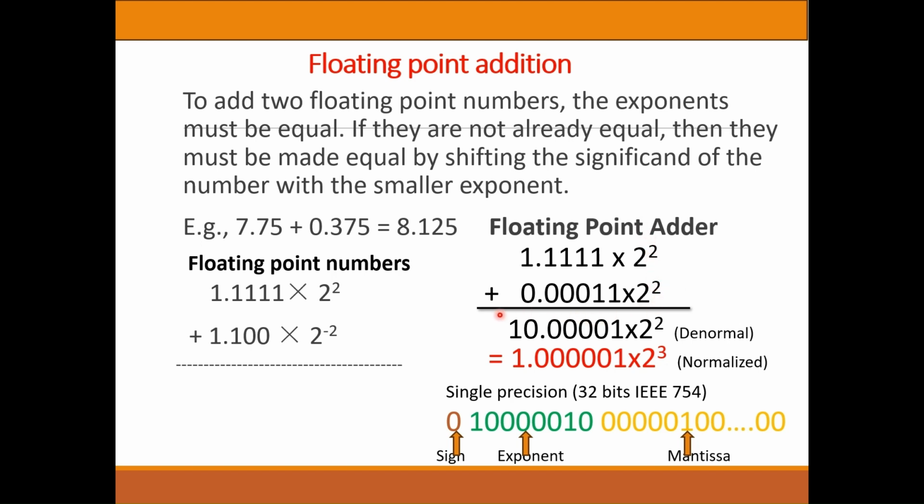After the exponents become the same, it adds them, and you can see after addition it is denormal now, because there should be just one digit before the point, but here there are two digits. If you normalize it, it will look like 1.00, and you adjust the exponent.